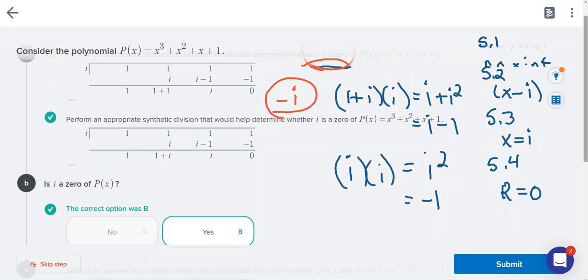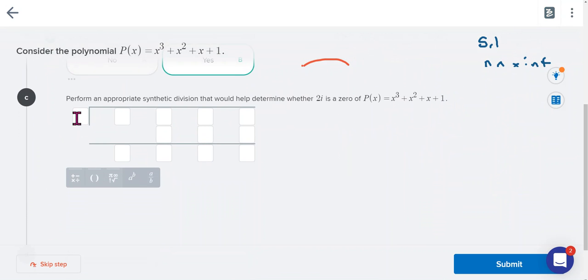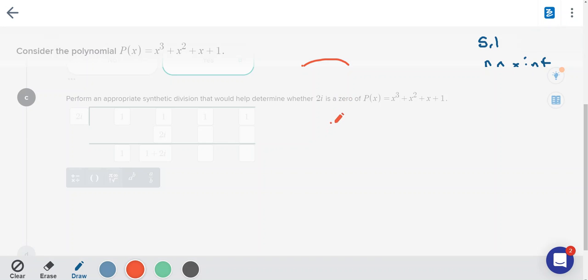Okay, let's see what part B says. Is 2i a 0? Let's find out. All right, so I'm going to do a little multiplying over here. 2i times 1 plus 2i, which is 2i minus 4. Okay.